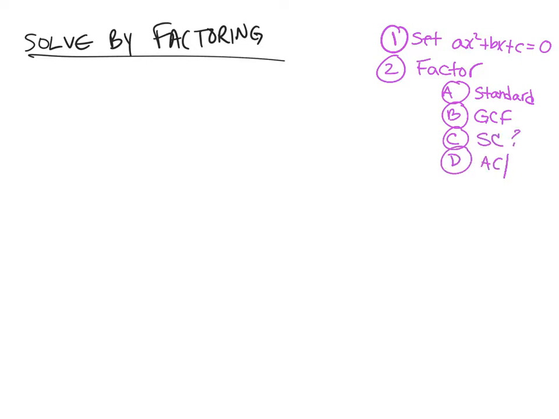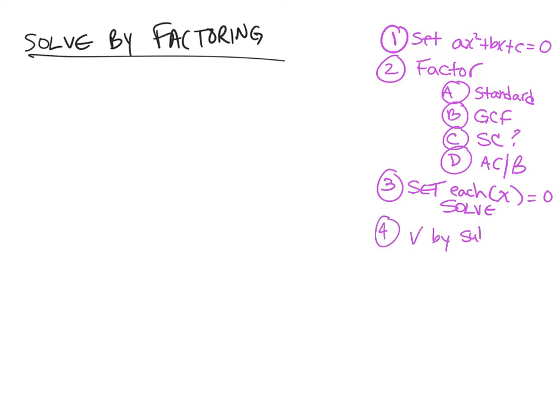And if not, you're going to do the ACB. After you factor, then you're going to set each parentheses, or each part that has an x in it, equal to 0 and solve. Then you can always check your work by substituting it back into the original and seeing if it works.